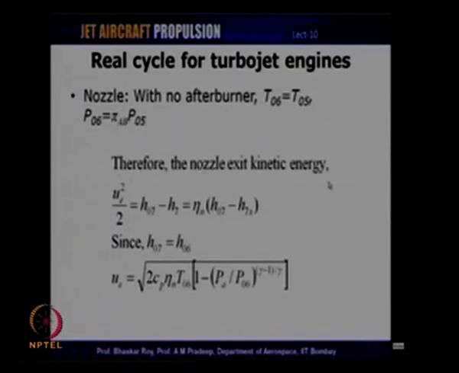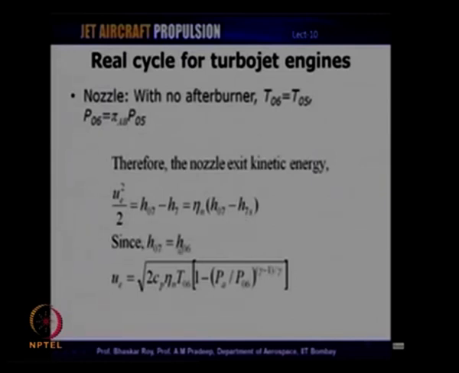So, the nozzle exit kinetic energy is equal to Vex squared by 2, where Vex is the exit velocity of the nozzle, equal to H07 minus H7, which is basically equal to the efficiency of the nozzle, eta n, into H07 minus H7s.